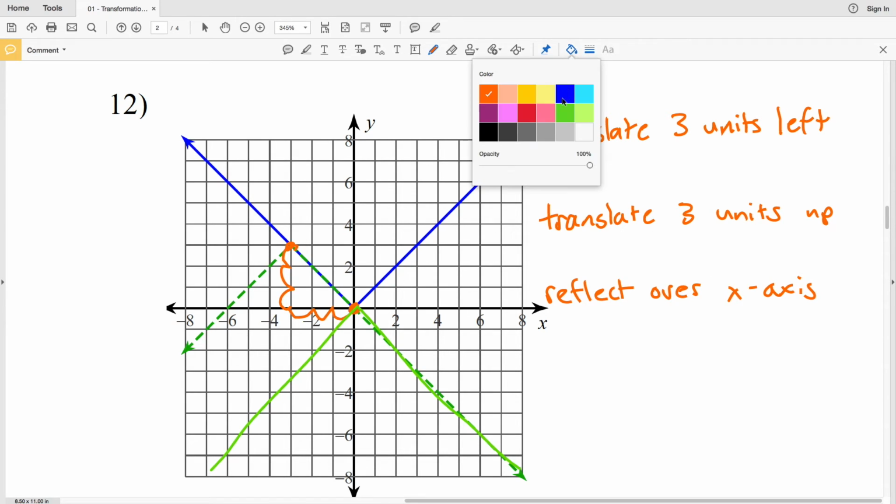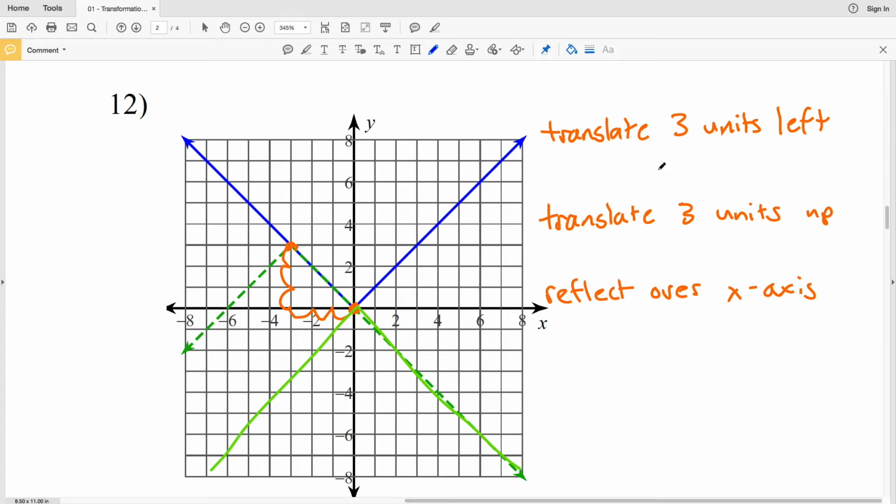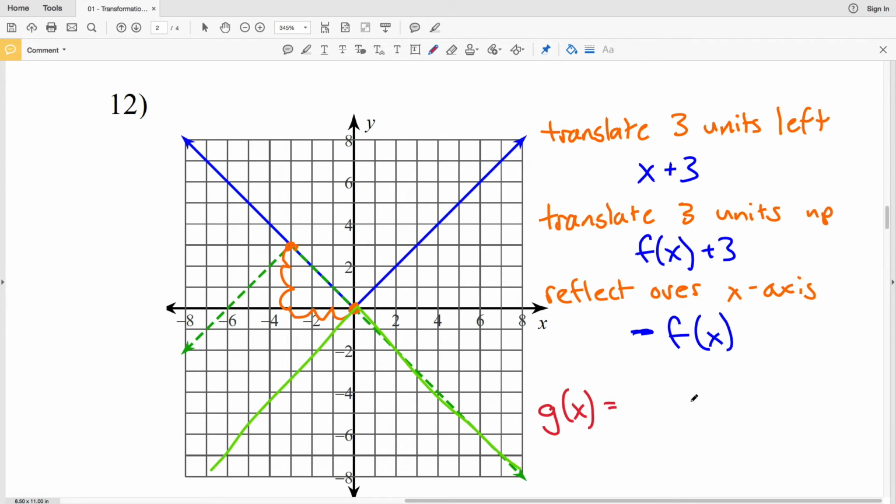But what all does this mean? Well, translating 3 units to the left means we're going to be adding 3 to the variable. Translating 3 units up means that we're going to be adding to the function. And reflecting over the x-axis means we're going to be taking the opposite of the function. Now writing g of x will equal the opposite of f of x, which will be the opposite of x plus 3.